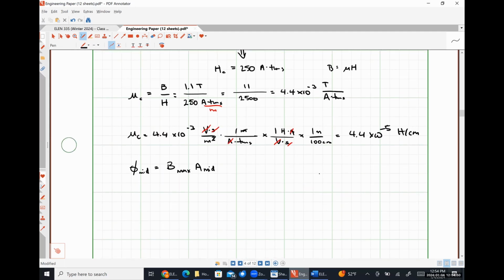While we're working on that, let's figure out what that area is going to be. This is where we're going to incorporate our stacking factor and all that kind of stuff as well.